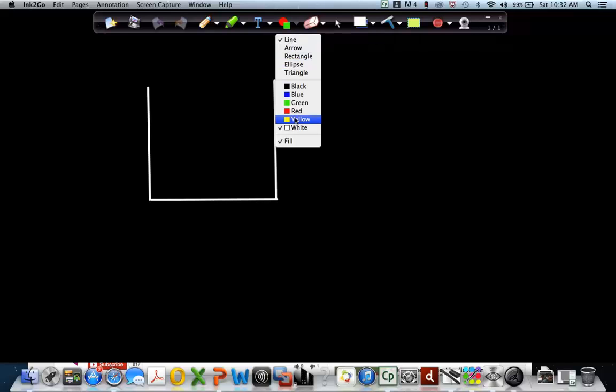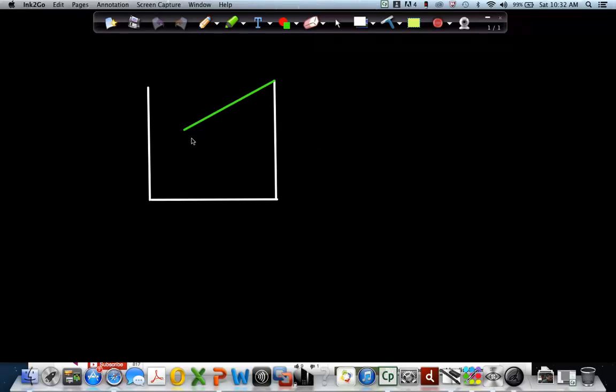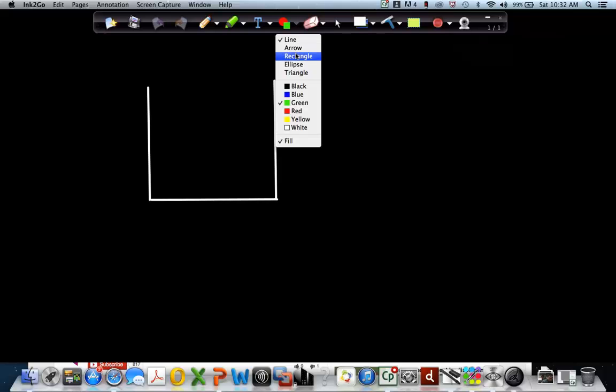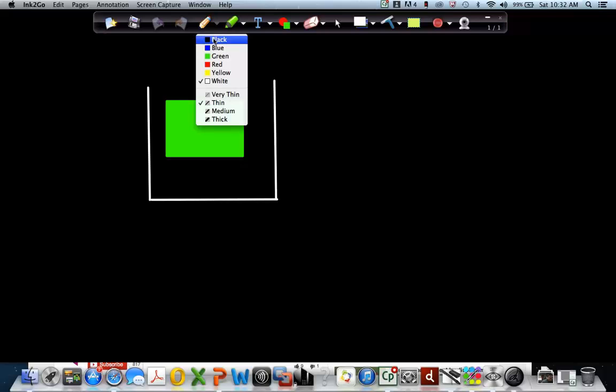Let us see, I draw a block of wood. This is a block of wood which I have, and it is floating in water.